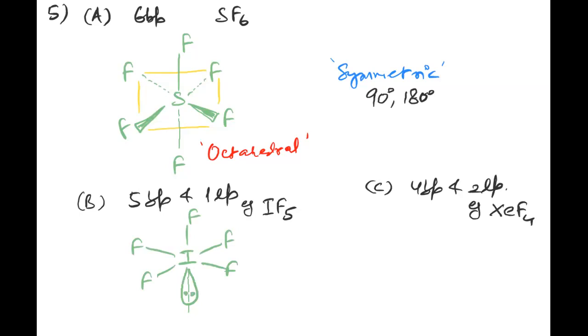So in IF5 we have 5 bond pairs and 1 lone pair of electrons, and this geometry is going to be a pyramidal shape.